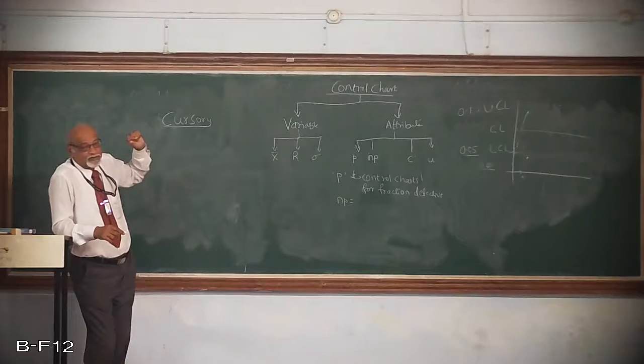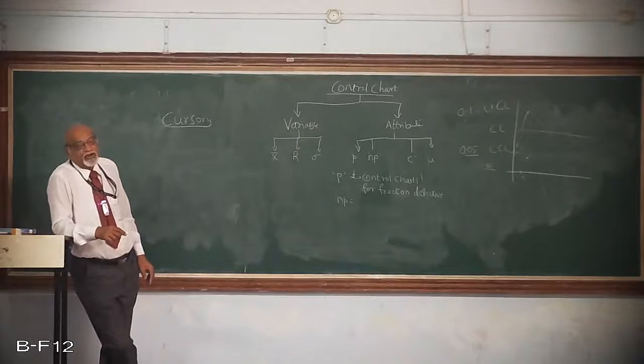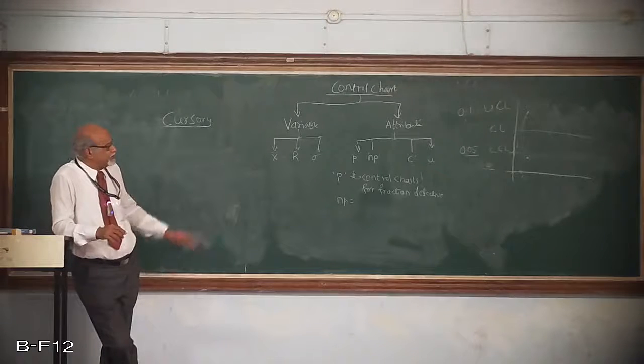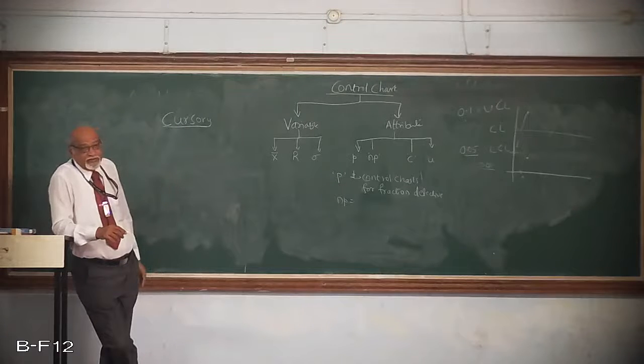The control chart for attributes is almost similar to the R chart of control charts for variables. So here, the upper control limit and lower control limit may or may not be equidistant from the central line.